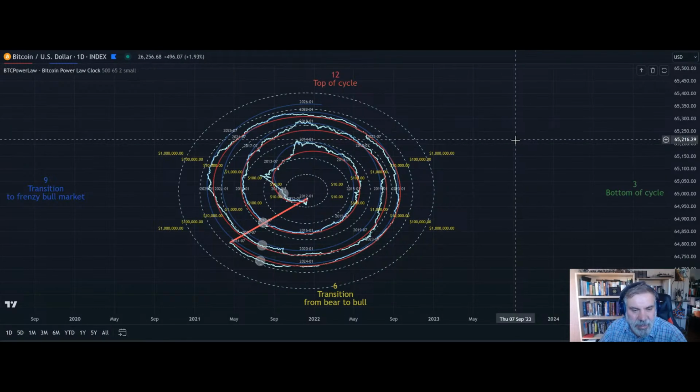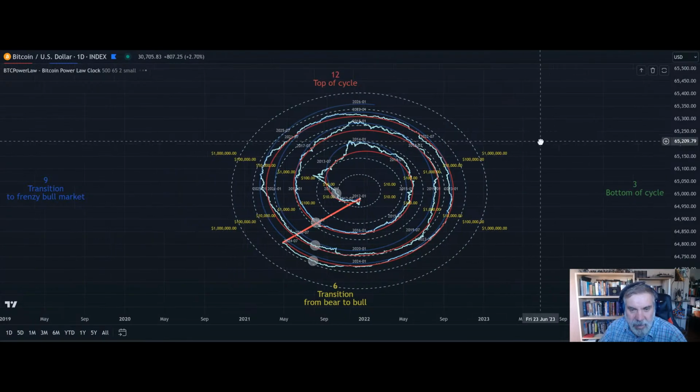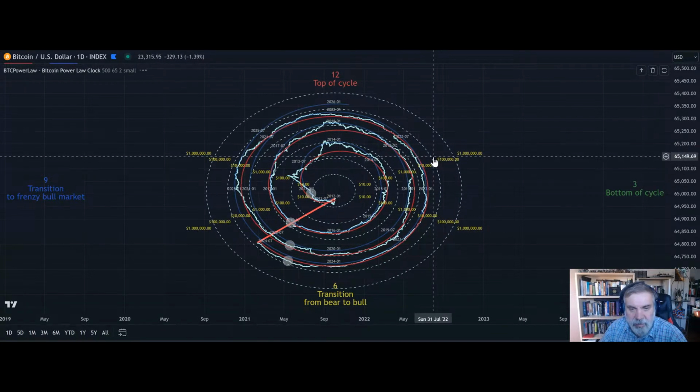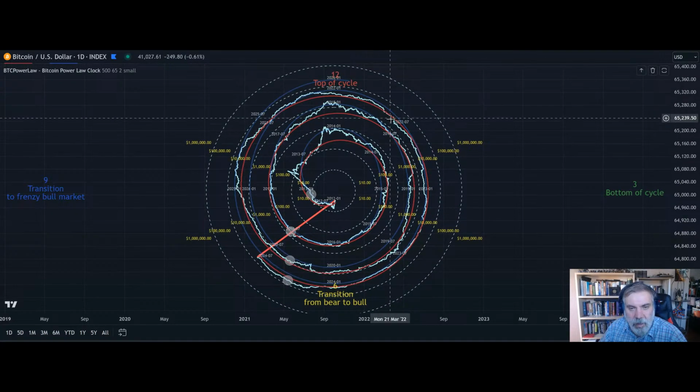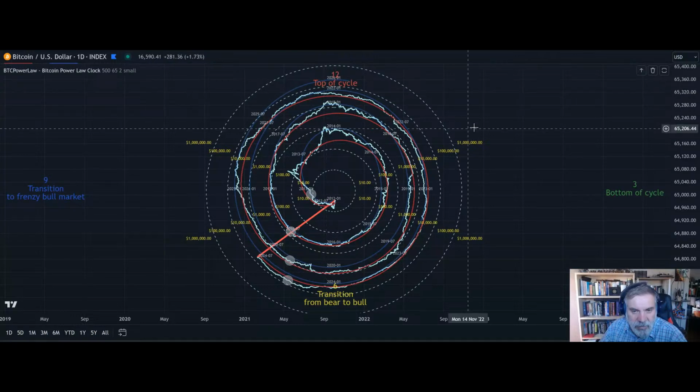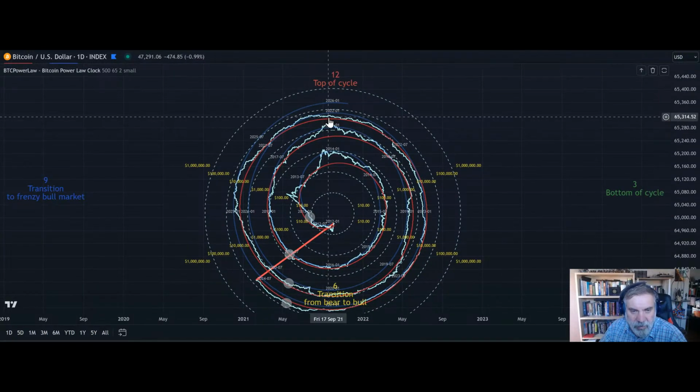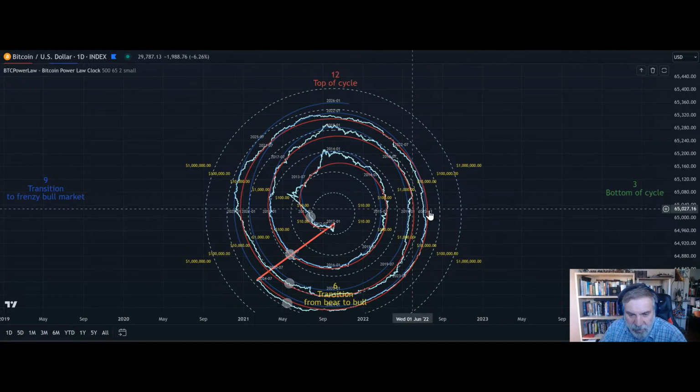So we can see where we are in the clock right now. This is the idea that we can plot the price of Bitcoin in a circular pattern. And again, you can see here all the tops. You see how consistent they are. These are all the tops. Here is where the bottoms are, also consistent.